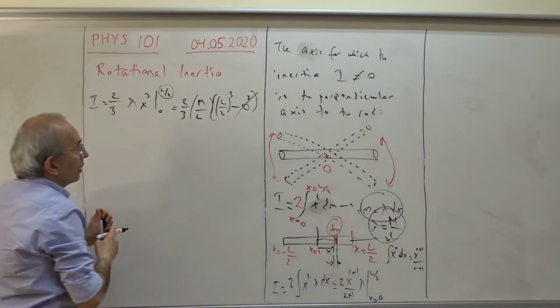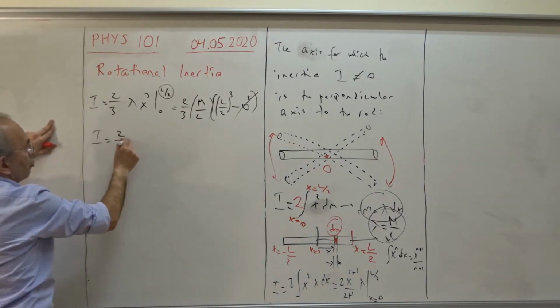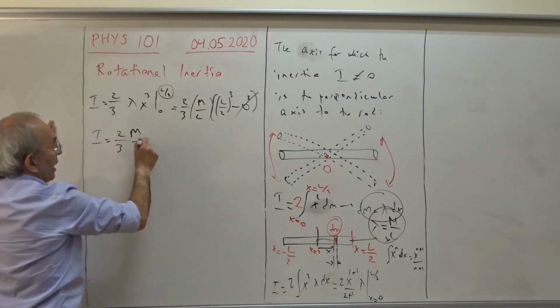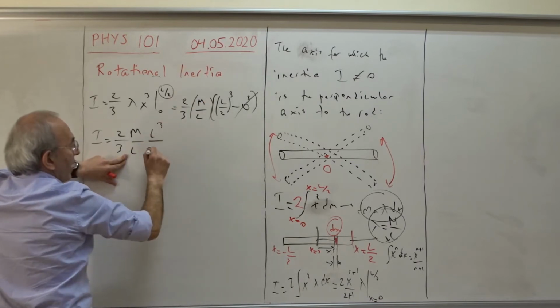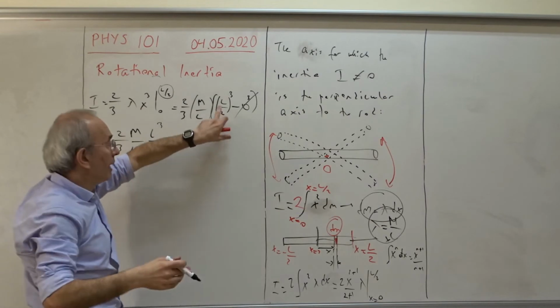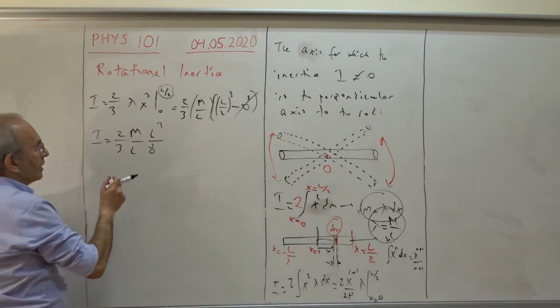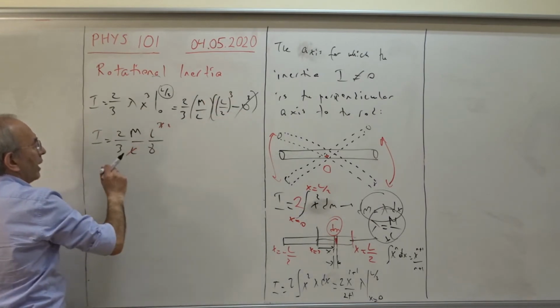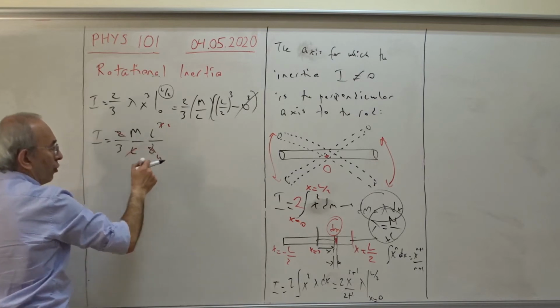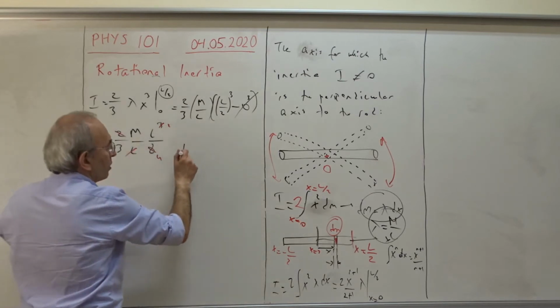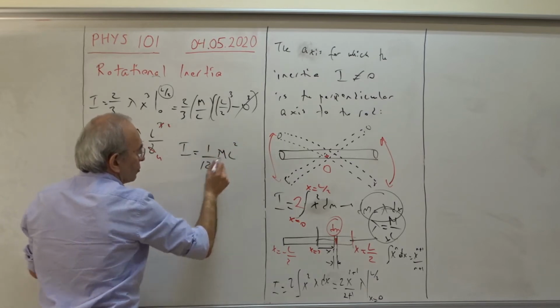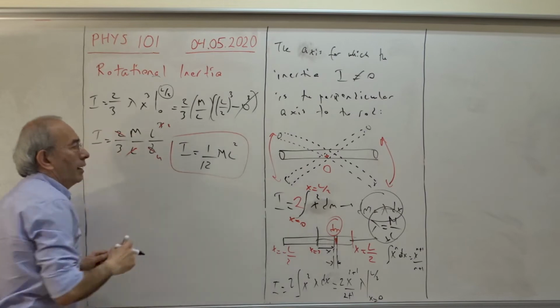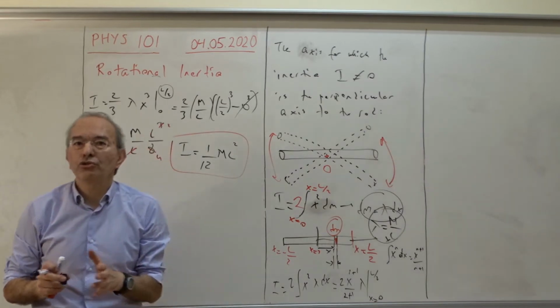So we have 2/3 m over L, L cubed over 8. 2 becomes 8, L becomes L cubed. So there are cancellations. This L makes it square, and this makes it 4, so that I turns out to be, for a rod, 1 over 12 m times L squared.